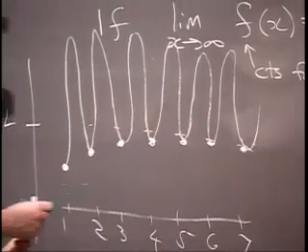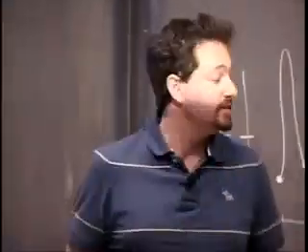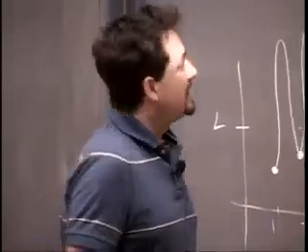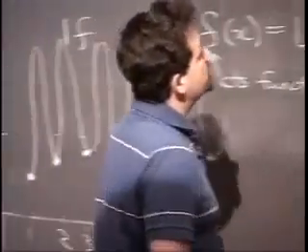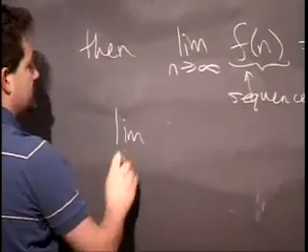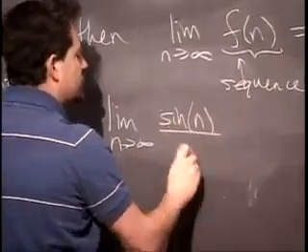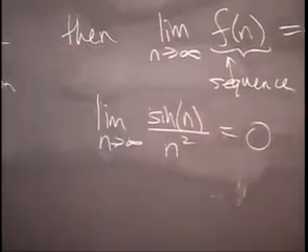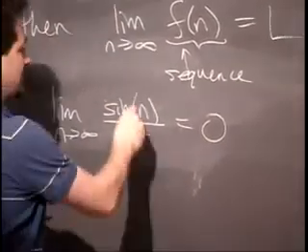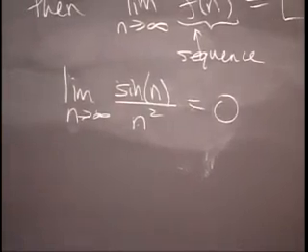All right, so here's some other things that still work. The sandwich principle. Actually, even before you notice the sandwich principle, if you want to take a look at this limit that I'd written up earlier, limit as n goes to infinity of sine n over n squared is 0, one way of proving that is to prove the limit with x over x squared, and there you can use the sandwich principle.